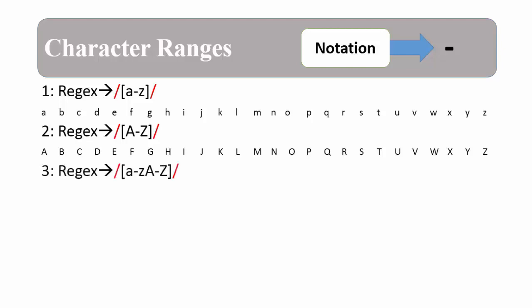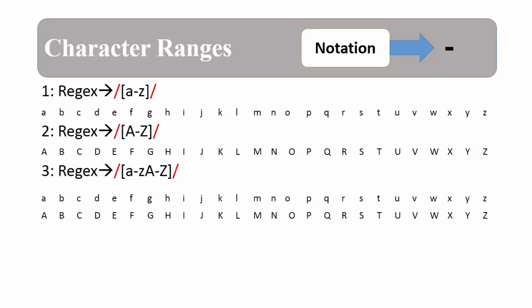First add the range a dash z, all the lower ones. Then add capital A dash capital Z, all the upper ones. This regular expression will take care of all the alphabets in lower form and also in upper form.